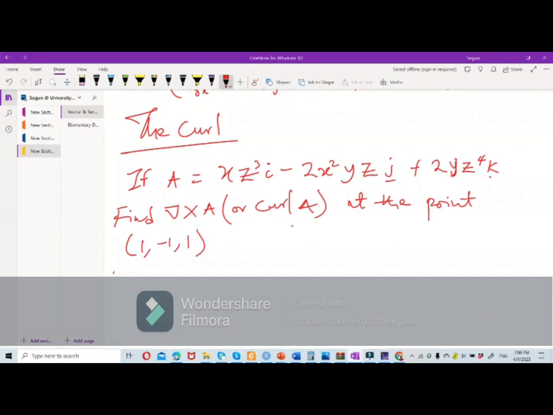So what does it mean? Let's look at the solution.